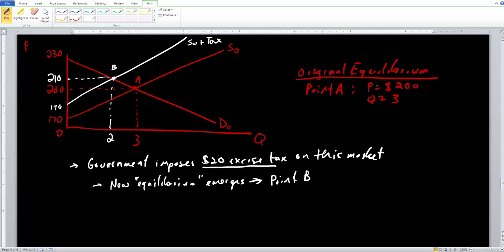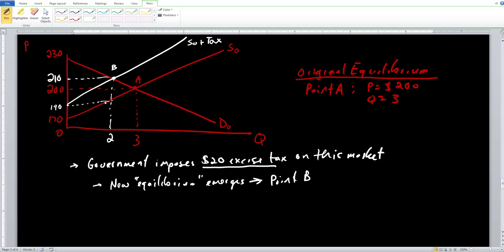The new equilibrium emerges exactly at point B. The reason I say new equilibrium in quotes is that it's sort of a pseudo equilibrium, because remember, taxes are never going to be efficient in this sort of case. This is the equilibrium that emerges once the tax is imposed on this particular market, and with all of this, we are interested in seeing exactly how welfare and efficiency change in this market.